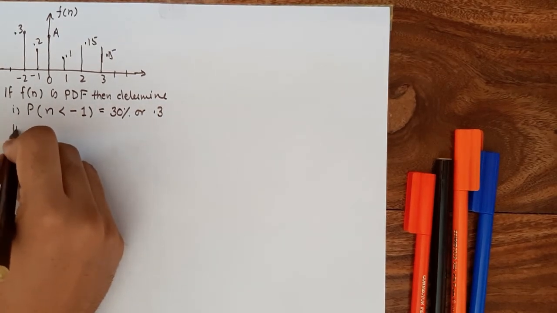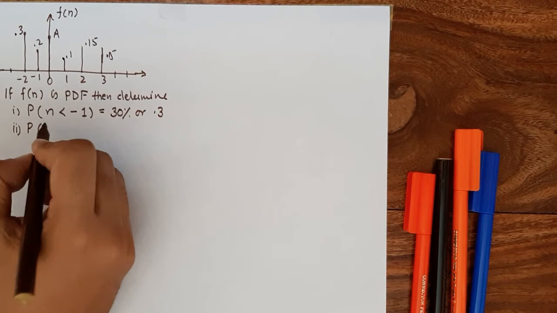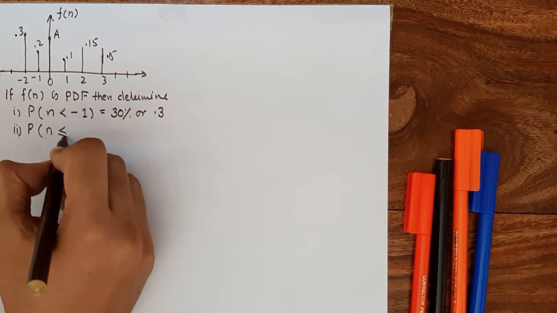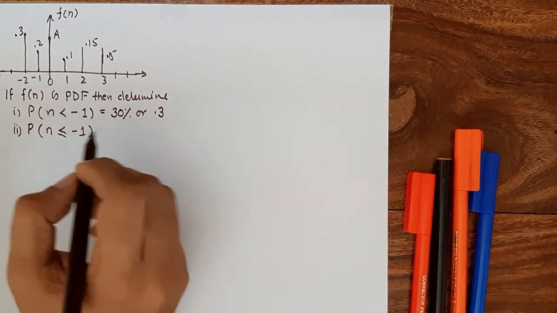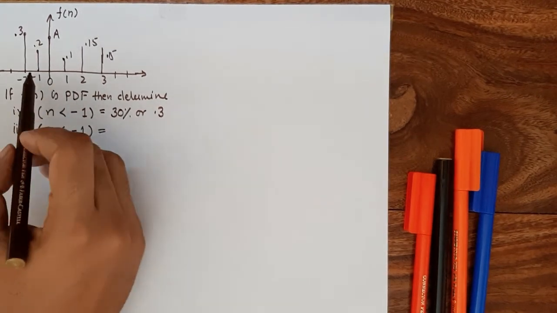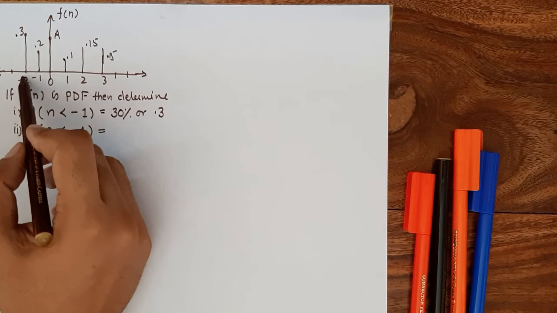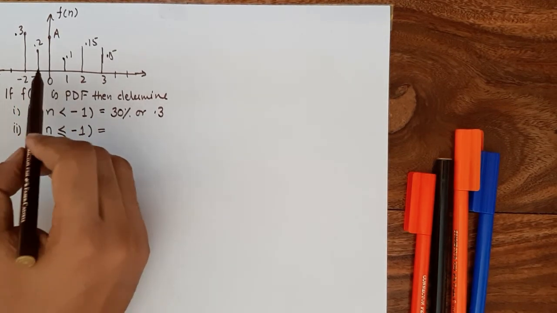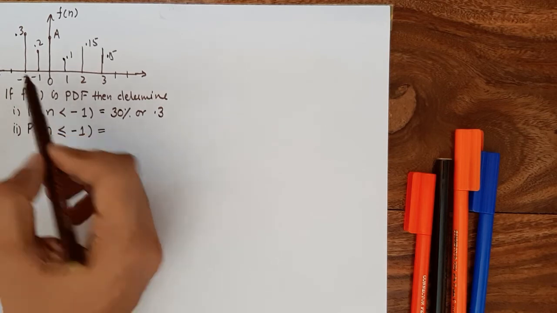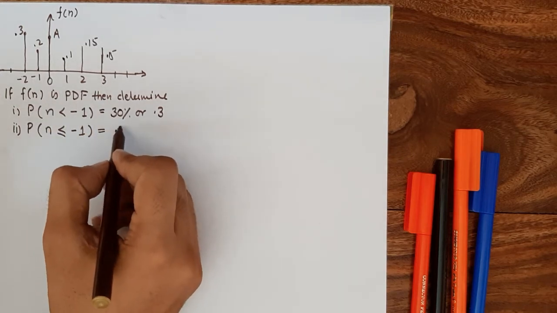Now again, if you were to answer this question that you need to calculate the probability of all the events with n less than or equal to -1, so that could be asked like this. In this case, you will need to add the probabilities of -2 and -1. So all the samples, -1 and -2, add up to 0.5.